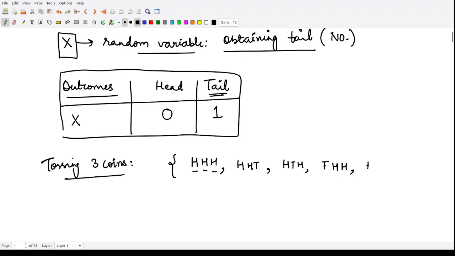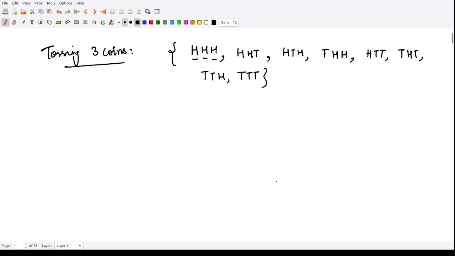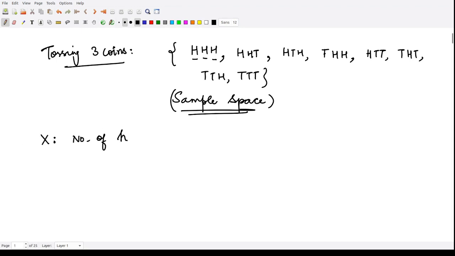Another possibility is that you have two tails, and the third possibility is 3 tails. This is the possible sample space whenever we toss 3 coins simultaneously.